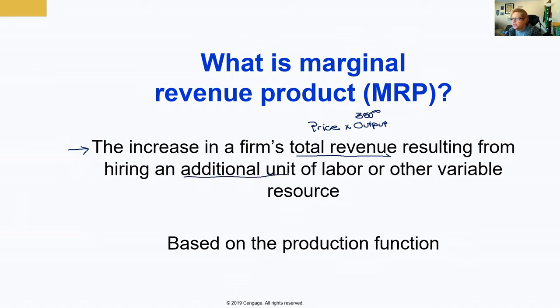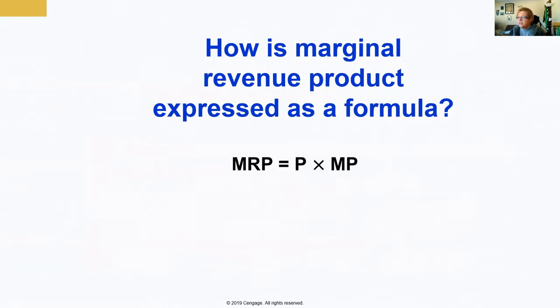So again, the marginality, additional unit of labor, or some other factor of production. This is all based upon a thing called the production function, which we haven't studied because we do skip some chapters. So how do we calculate the marginal revenue product? It's just the price times the marginal product. So again, I'm going to show you an example. I think it'll make it a lot easier.